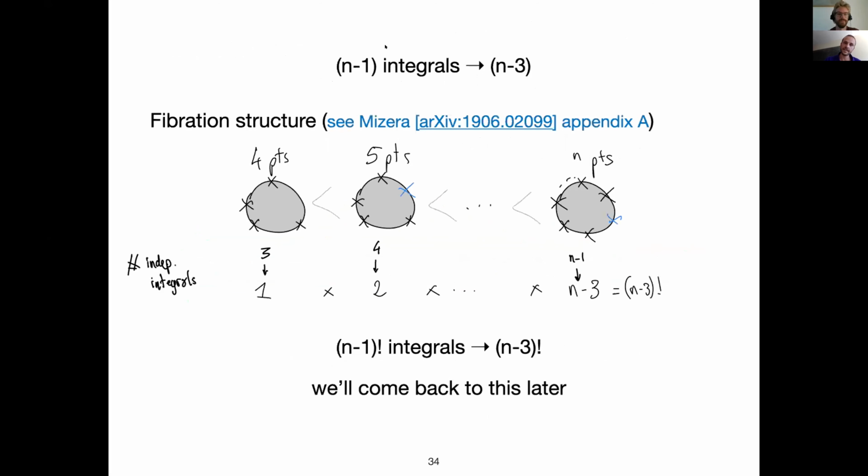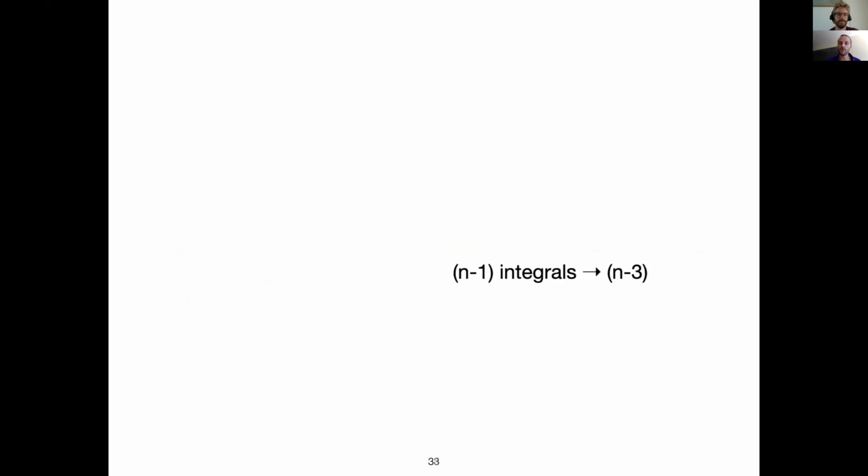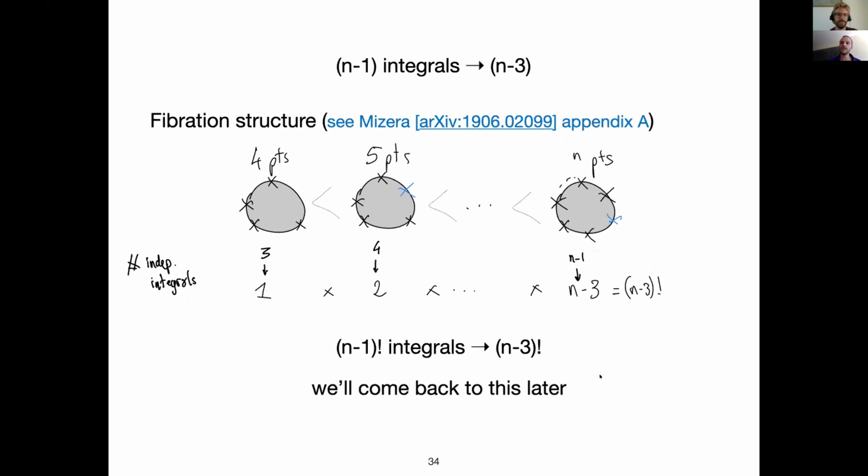And let's have a look quickly at this reduction, because it's at the basis of the total number of independent integrals. You know that from the perspective of the variable z1, there is only n-3 different integrations. And the point is that you can do this iteratively.